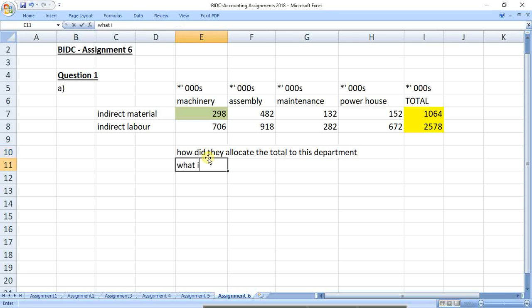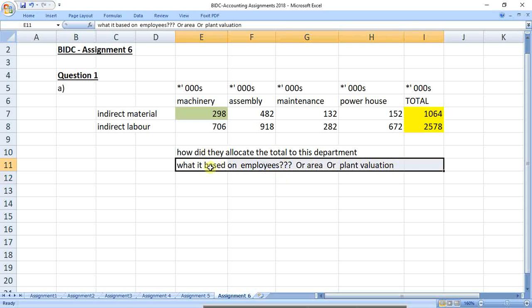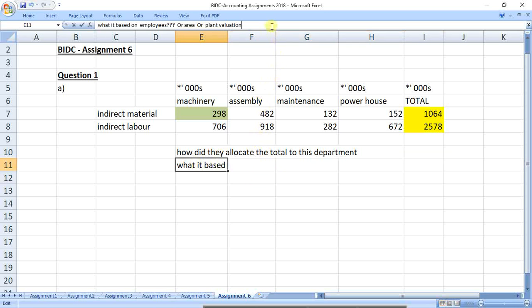Was it based on the number of employees, or was it based on area, or was it based on plant valuation? That's what we're looking at. What was it based on in terms of the allocation?